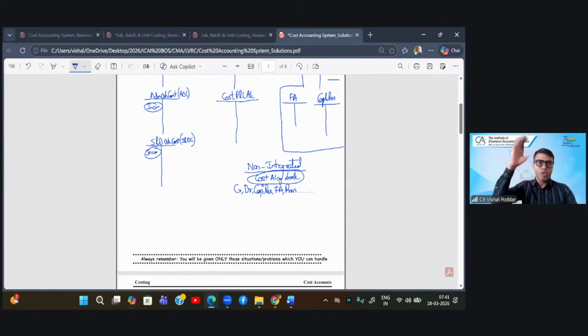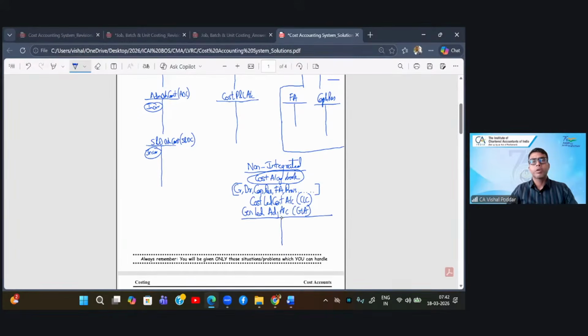So I merge all these accounts which fall in the balance sheet into one account. Now this is logically the meaning of this one account. And what is the name of this account? It is called the Cost Ledger Control Account, CLC, or it is also called the General Ledger Adjustment Account, GLA. So this is what this account is.